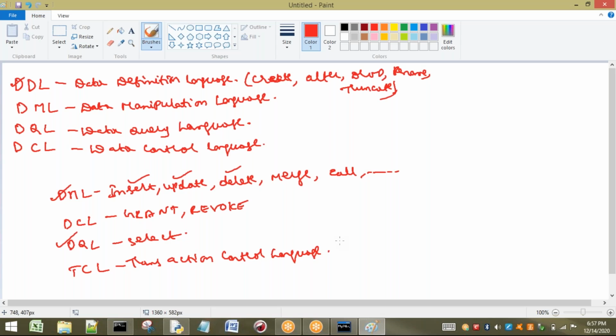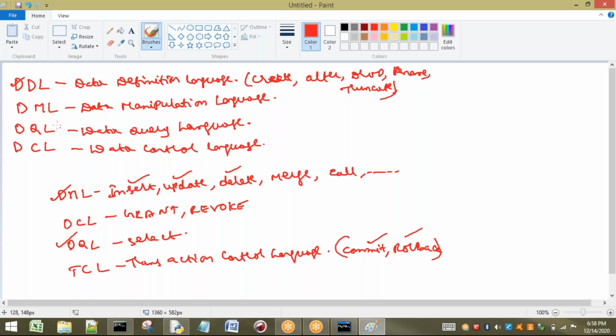So like commit, rollback, we can consider here commit, rollback, save point, set transaction, many other things are there. Okay, so sometimes in DML also we can consider commit and rollback, but generally if you are going to categorize clearly, we have to consider TCL as commit and rollback. So commit and rollback are somewhat important.